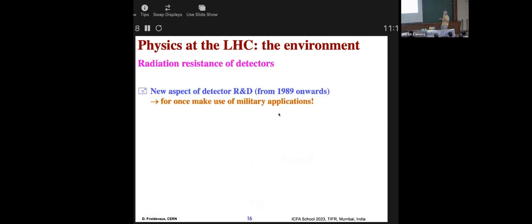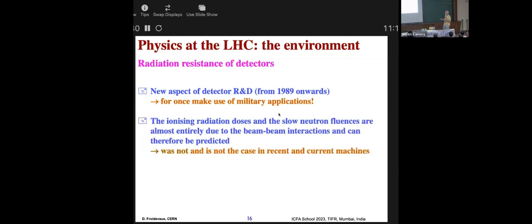So radiation resistance of detectors, this was for 20 years for many of us, for me in particular with a gaseous detector, as I told you yesterday, an aspect of detector R&D which we didn't know almost anything about. In particular, we used military applications for electronics chips in the beginning, because this is the place where there was knowledge about this.